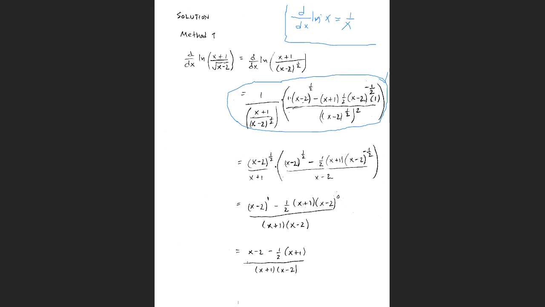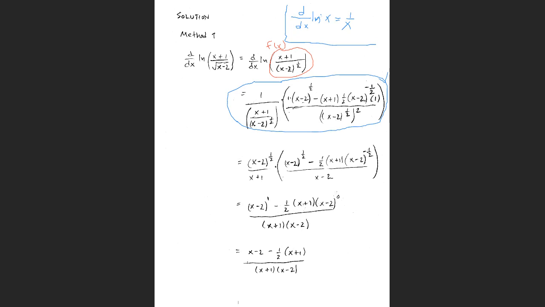So the derivative of my function, this is maybe a nice way to think about it. If I call this fraction x plus 1 over the square root of x minus 2 f of x, I'm taking the derivative of the log of f of x.